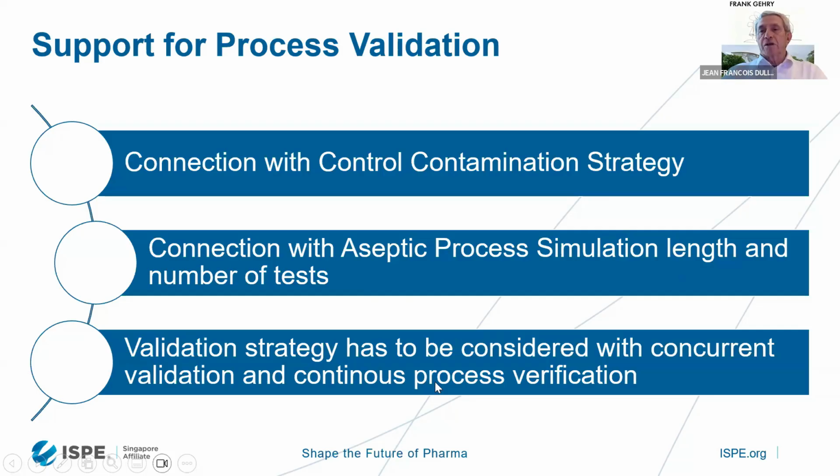And the validation strategy has to be considered with concurrent validation processes and continuous process verification. And regulators are really pushing industry towards continuous process verification because with that, they will have a better knowledge and better understanding of the processes.